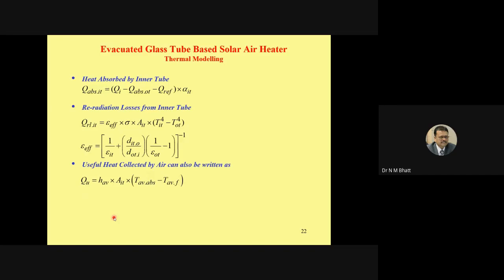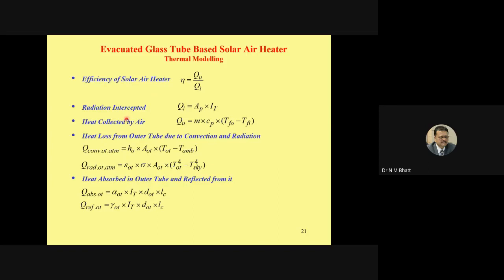Then the heat absorbed by the inner tube, that is the heat absorbed by the absorber tube, is the insolation falling on that minus the heat absorbed by the outer tube and the heat reflected.